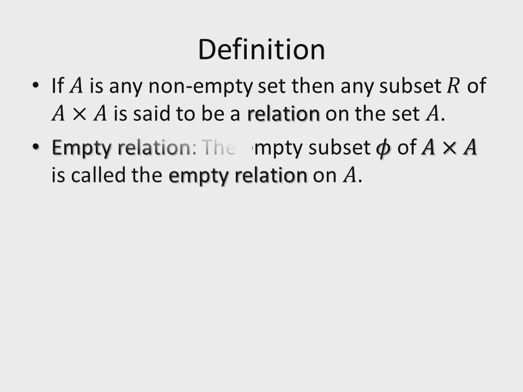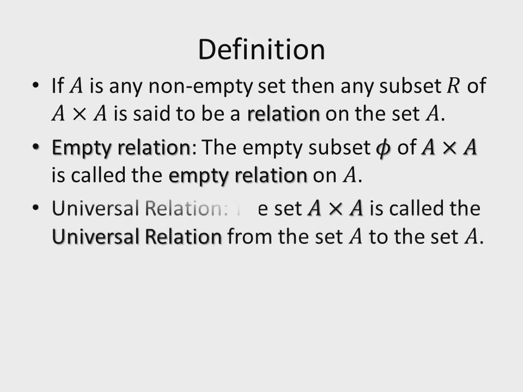Since phi is a subset of every set, therefore phi is called a relation. It is called the empty relation on the set A. Similarly, we know that every set is a subset of itself. Therefore, A cross A is a subset of A cross A, which will be called the universal relation, which was discussed in first day classes.